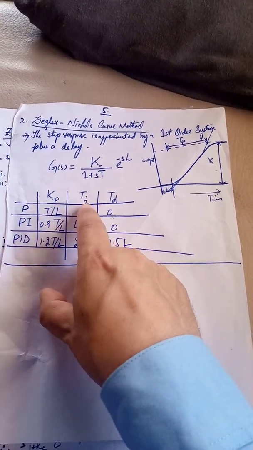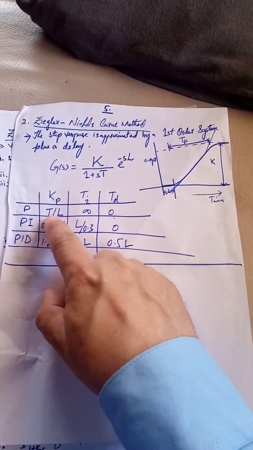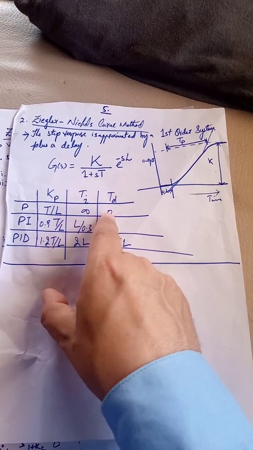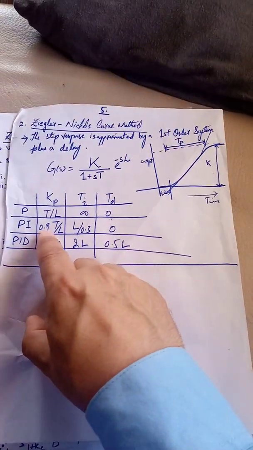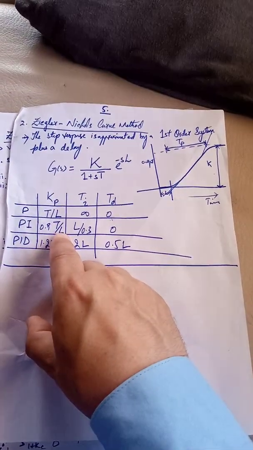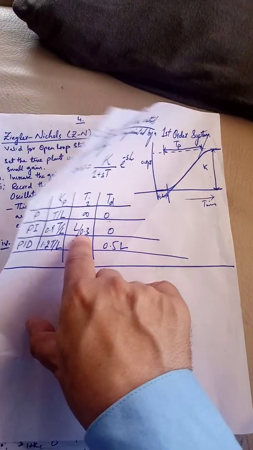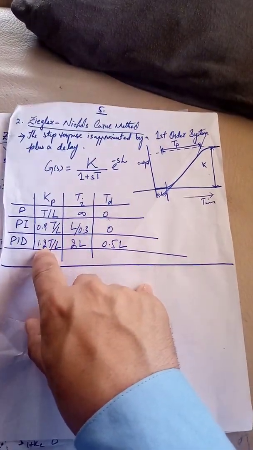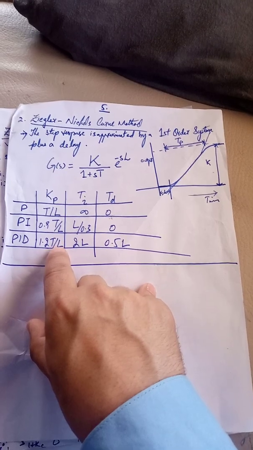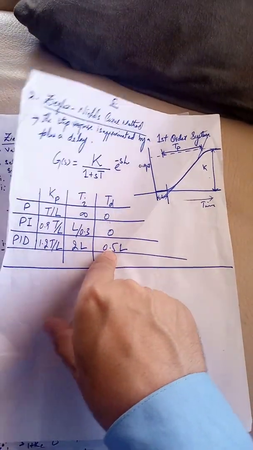For P it becomes T divided by L, Ti is infinity, Td is 0. Similarly for PI it is 0.9 times T divided by L, and L divided by 0.3. Similarly for PID, 1.2 times T divided by L, 2L, and 0.5 times L.